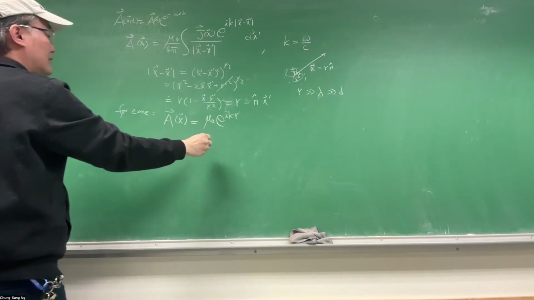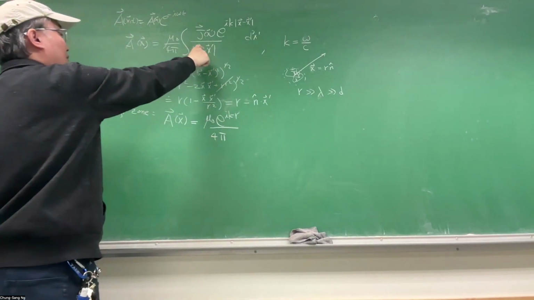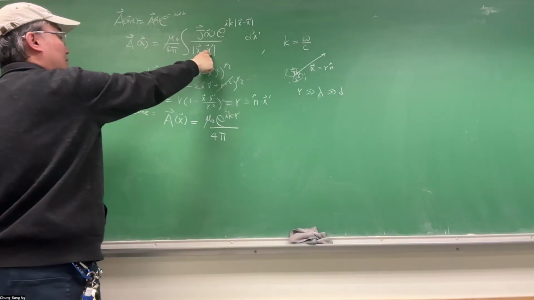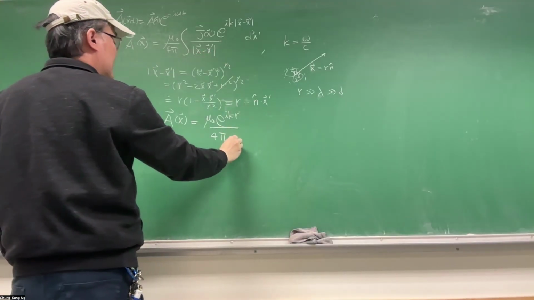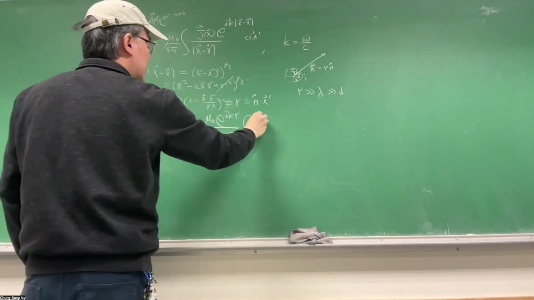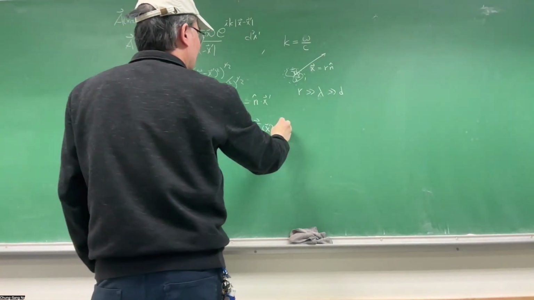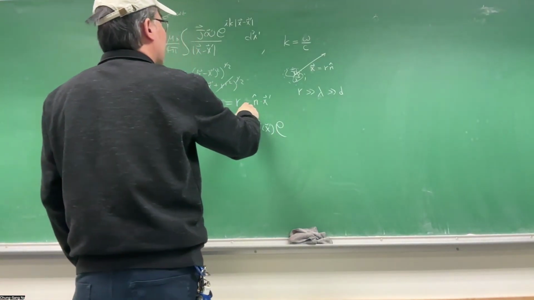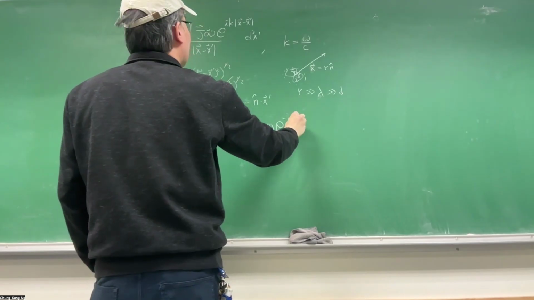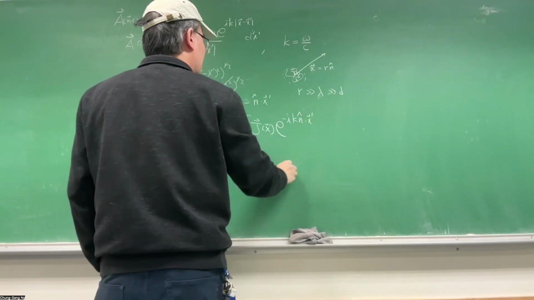Pull that out of the integration. And then 4 pi, and the denominator becomes just R, because it ignores x prime in the denominator. And then the integral over x prime, and the other term is e to the minus i k n dot x prime.